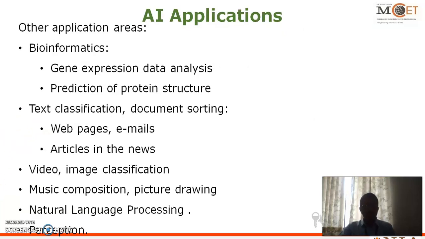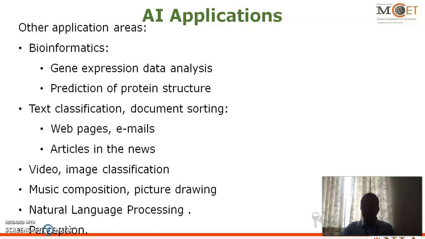And the applications of artificial intelligence: it can be used in bioinformatics, to represent gene expression from data analysis and for prediction of protein structure, and also in text classification and document sorting, like web pages, emails, and news articles. We can also use it for video and image classification.